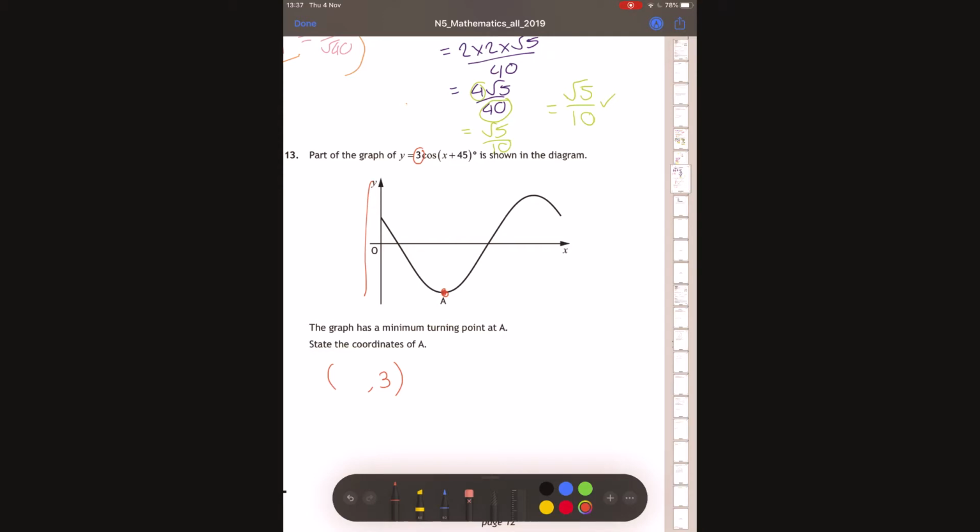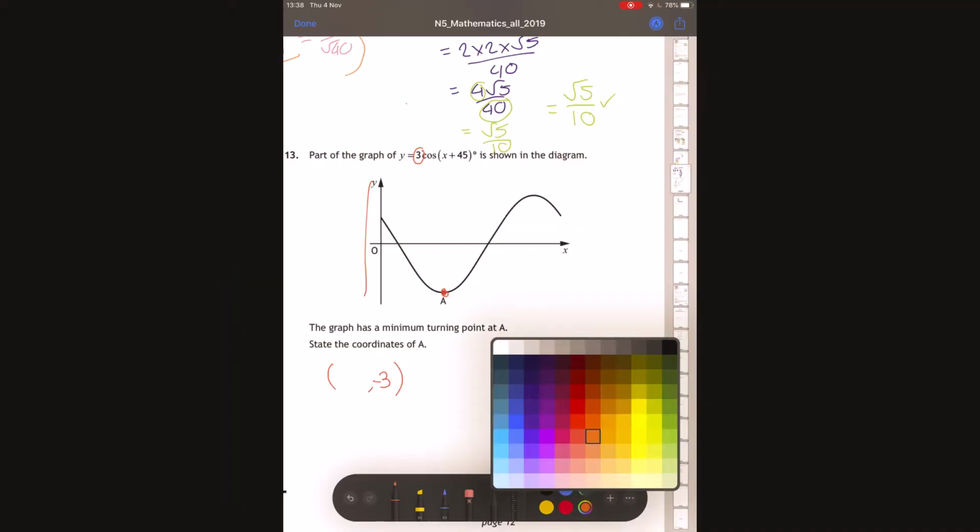Excuse me guys, it's actually equal to -3. I was being a dunce. Let me just clarify that further. I was correct, the amplitude is 3. The amplitude is how much it goes above the x-axis and then below the x-axis. So I was correct because it does go above 3 and below 3.